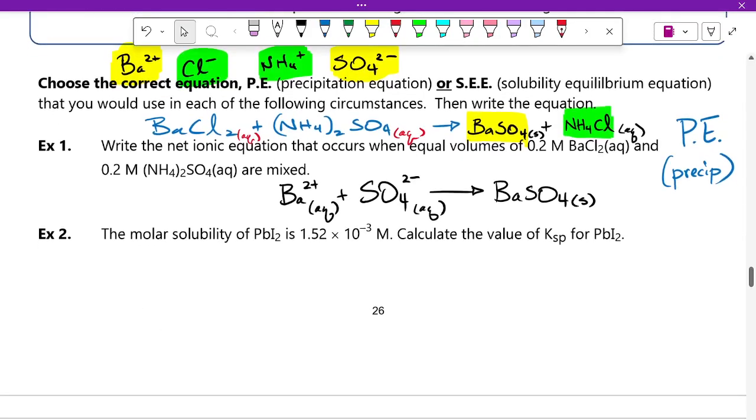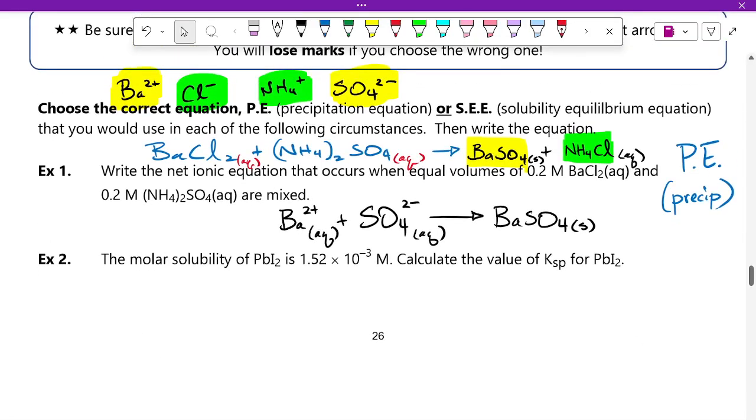All right, so that's a case where we have a precipitation reaction. We have our one-way arrow. The solid is on the right. We're not doing anything with KSP, so we do not need the solubility equilibrium equation. The next one says the molar solubility of PbI2 is 1.52 times 10 to the minus 3 molar. What molar solubility is, that is the maximum concentration.